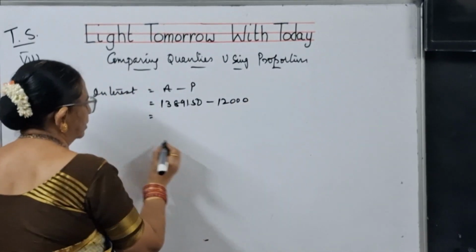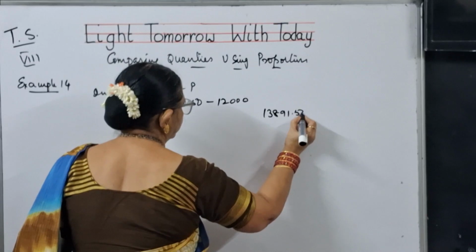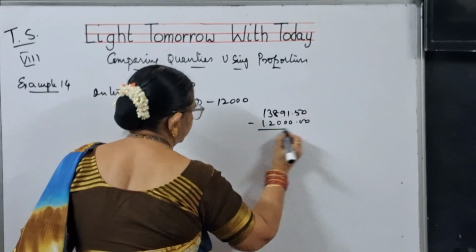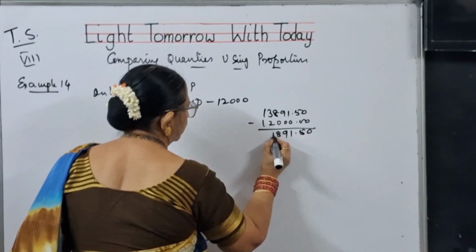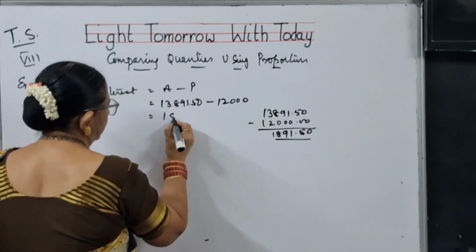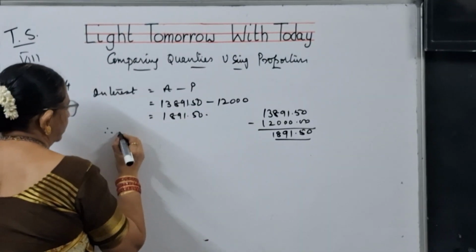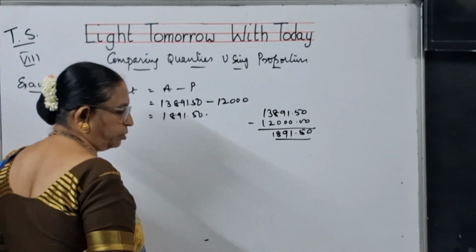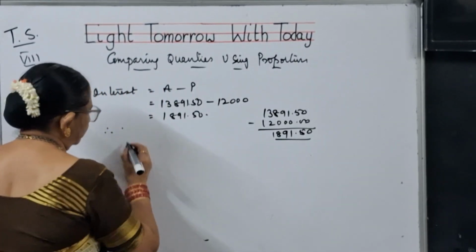So, if you subtract it, 13891.50 minus 12,000, if you do, 1891.50. So therefore the question is the amount, and also if interest is compounded, what is the interest?